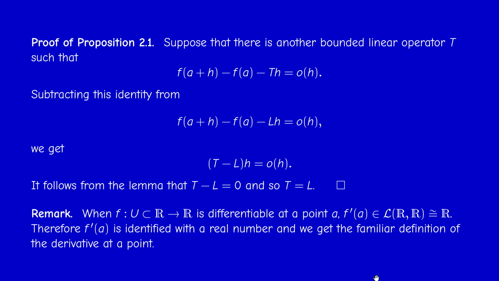Okay? So if you do this identification, the calculus definition of the derivative that you know from first year or from high school is a particular case of Frechet differentiability in the context of normed spaces. Okay? But we have to just do this small identification between linear maps from R to R and numbers. Okay, we talked about that.